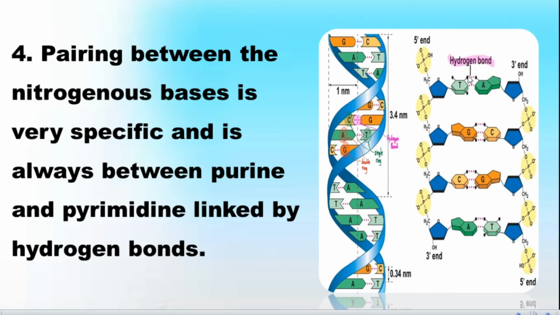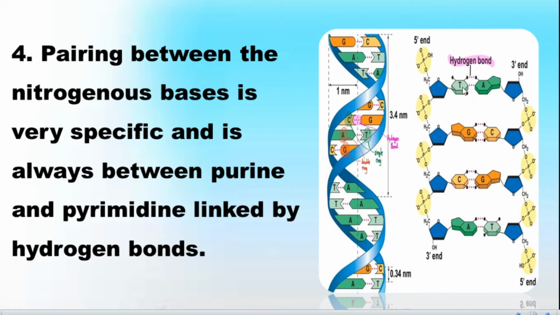So this is the hydrogen bond. Look at this, this is the hydrogen bond, and this is the hydrogen bond. So the nitrogenous bases pair with the hydrogen bond. So this is the meaning of this.